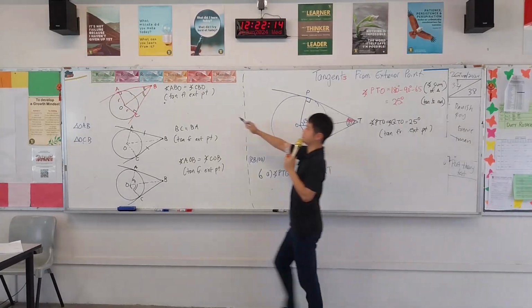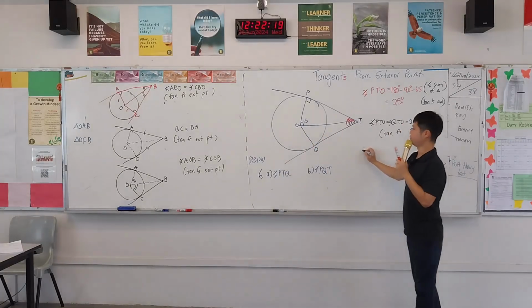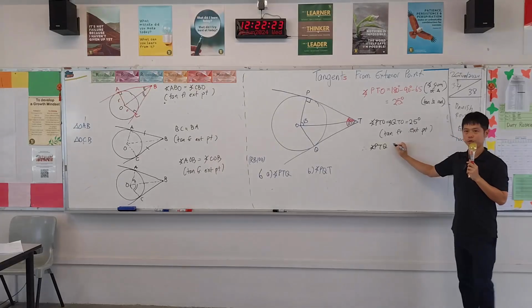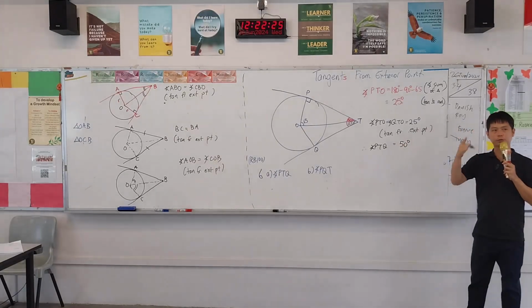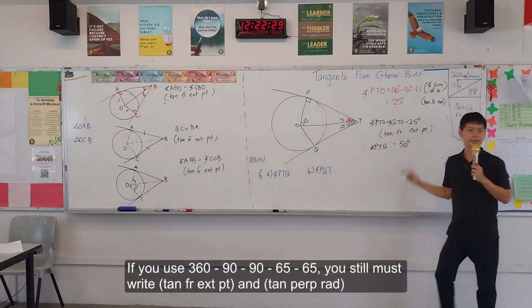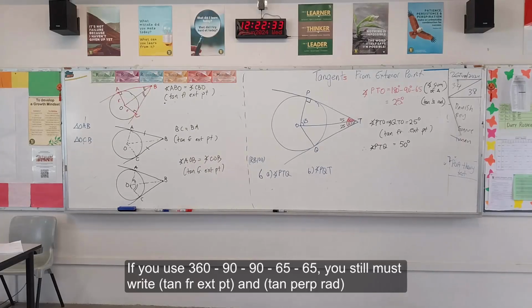I'm saying that these two angles are equal. Finally, therefore, angle PTQ equals 25 plus 25, right? There's no reason needed. You just add two angles up. Some of you actually very good, you wrote adjacent angles. It's fine, you can also not write it.